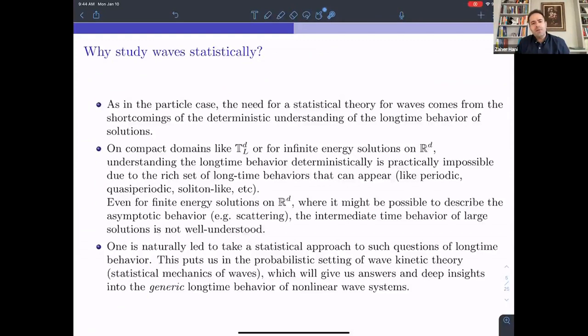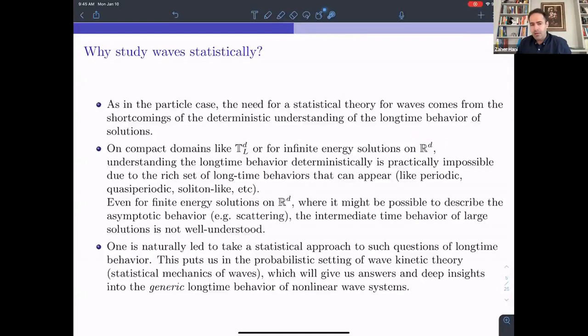So in terms of our understanding of the long-time behavior of nonlinear dispersive equations, when we study those equations on compact domains like T^d, or even on Euclidean space, but we assume that the energy of the solutions is infinite, our understanding of the long-time behavior is very, very poor.